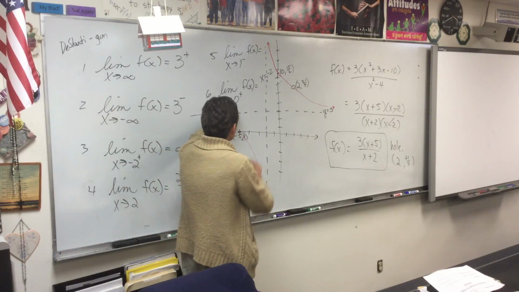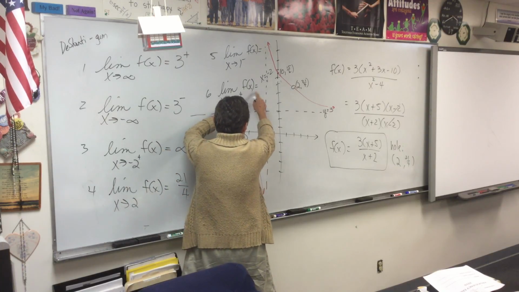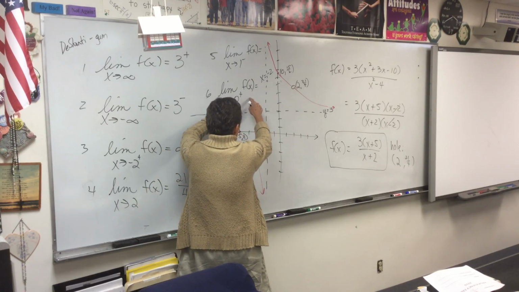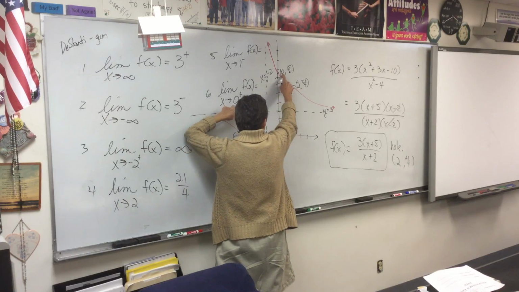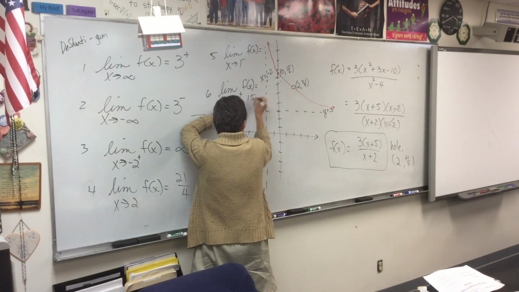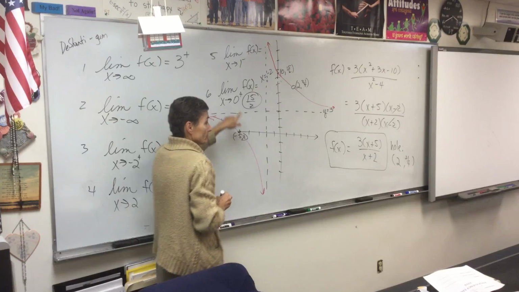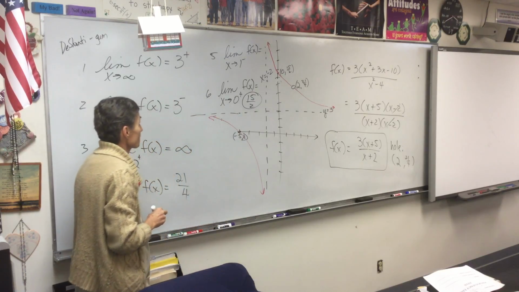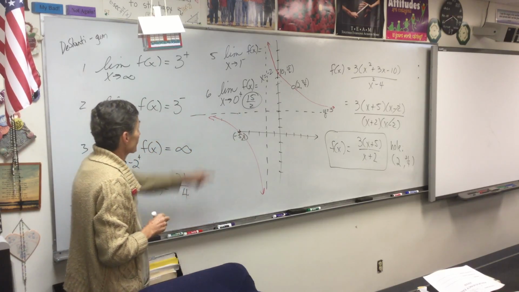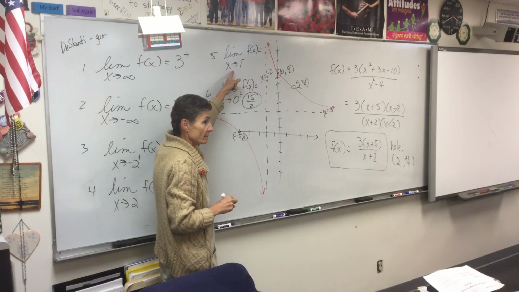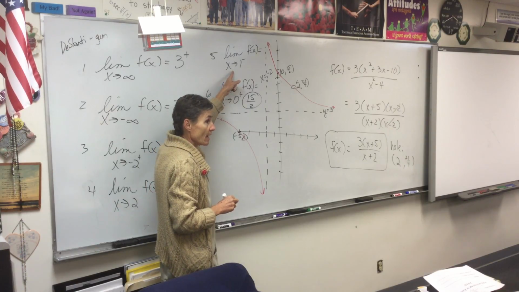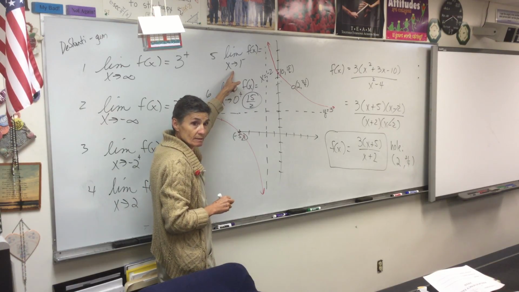All right, what about these guys? What is the answer to this? 15. That's a point. So the answer is 15 halves. What about that? That's a point, isn't it?